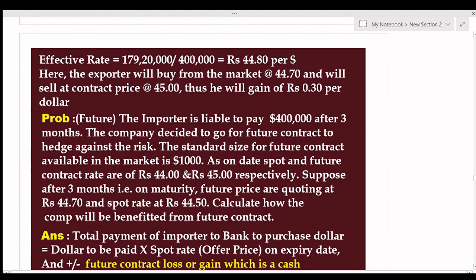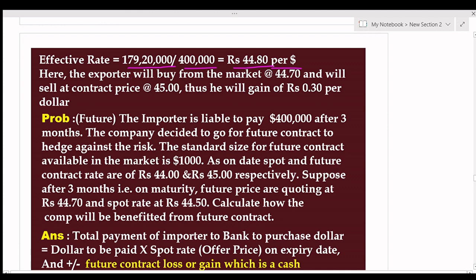Effective rate is equal to 179.20 lakhs divided by 4 lakhs is equal to 44.80 per dollar. Here the spot rate was 44.00 and here the rate is 44.80, so the exporter gained 0.80 per dollar, that is equal to, on 4 lakhs, 3 lakh rupees, 3,20,000.